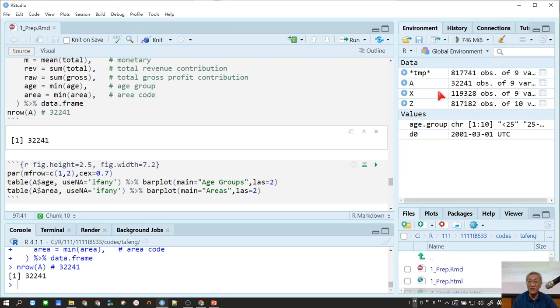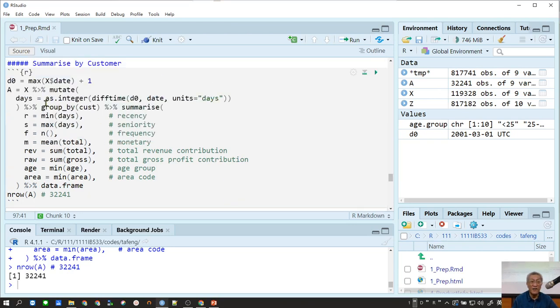Now, what does a record in A represent? Here you group by customer, right? That's why we use group by and summary to aggregate data into the labels of our interest, right? Isn't it? Okay.